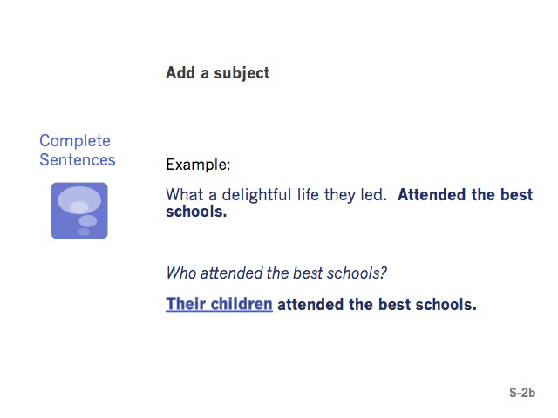The writer initially wrote the following: "What a delightful life they led, attended the best schools." Since the second sentence is missing a subject, we can add "their children" before the verb attended to form a new and complete subject-verb combination and to fix the fragment.